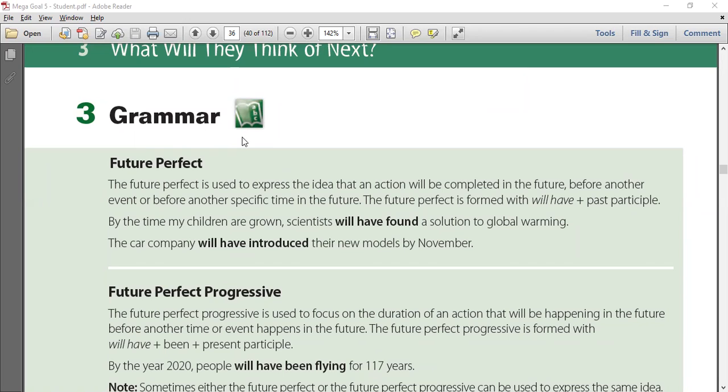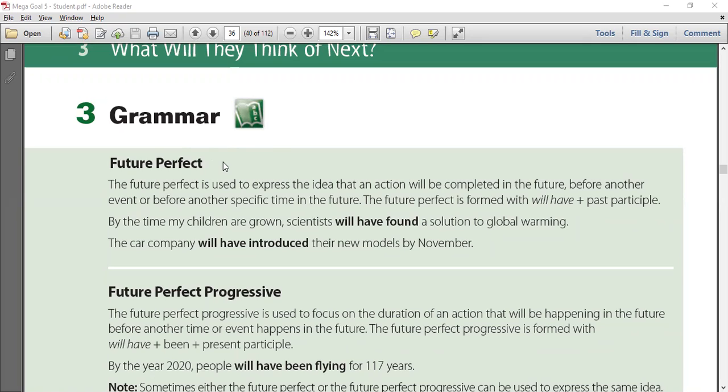Or there are not two events, but an event and a specific time, all in the future, but the event will happen first before this time comes. Okay, again, the future perfect has two cases or two options: either two events, both in the future, but one event is going to happen in the future before another event.